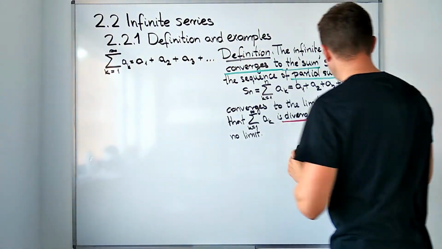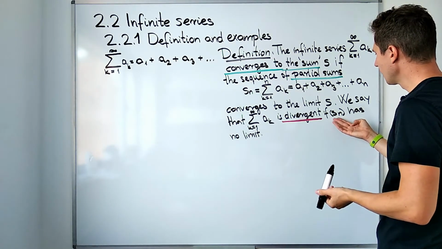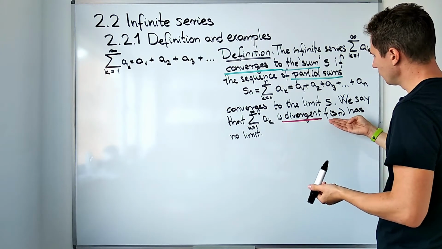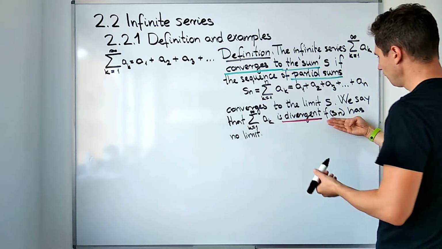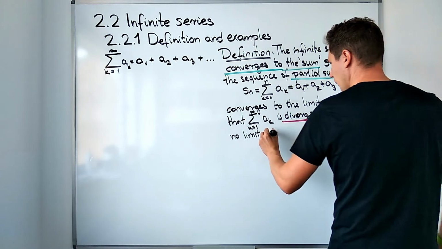And of course, this could happen in many ways. It could have no clear behavior, but it could also be the case that S_n diverges to plus or minus infinity.